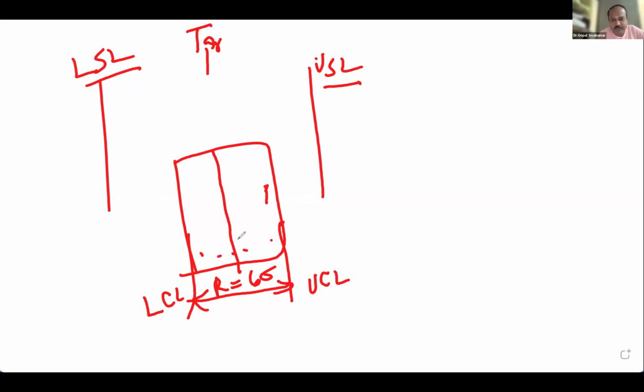When I mark the center of my process, this distance will be how much? 3 sigma. This distance will be how much? Another 3 sigma. Why am I dividing exactly? Because my process is symmetrical. Any process by nature will be symmetrical at the center. You draw a line at the center of your face. Can you see symmetry here? Yes, because it's a naturally developed face.